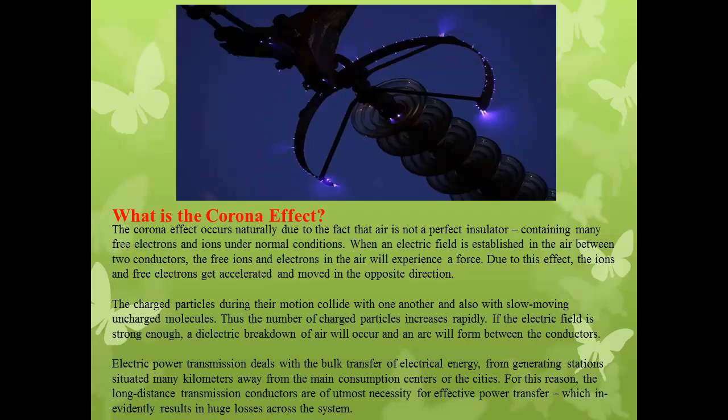So to reduce the huge loss due to corona discharge, we have to make some arrangement, or we have to minimize the corona discharge. So I think this is the working principle of corona discharge, or the detail of corona discharge.